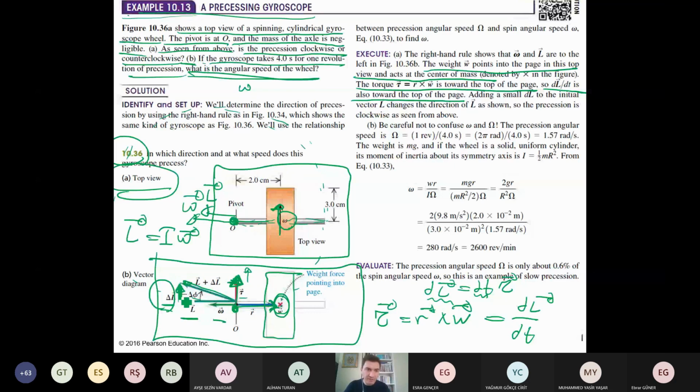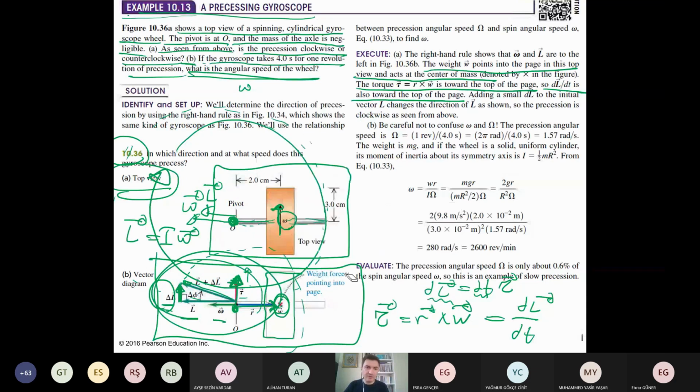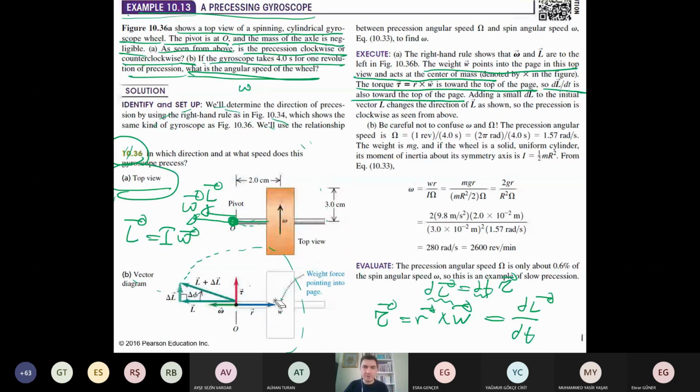This rotation is clockwise. So the system is rotating like this. We have calculated by using this expression. Let me clean this part and then continue with the second part of the question. If you have any question with the first part, please let me know.